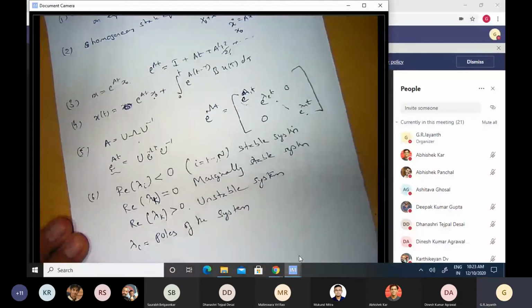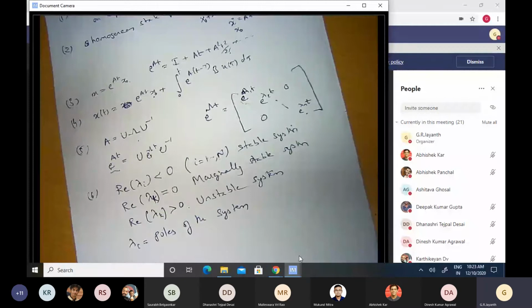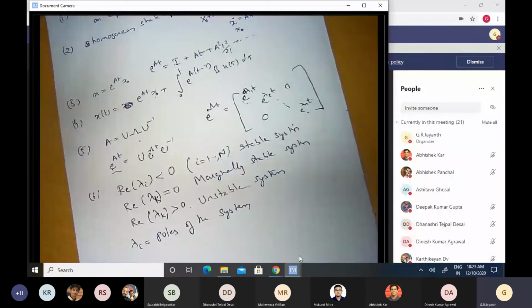They have fundamental impact on the way the system responds. If I know the lambdas, I don't need to actually write out the solution. I know whether the system is stable or marginally stable or unstable, and what will happen if I leave it with a certain initial condition. Why is this concern of stability so important? We will see very soon.